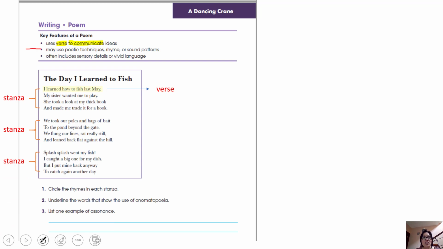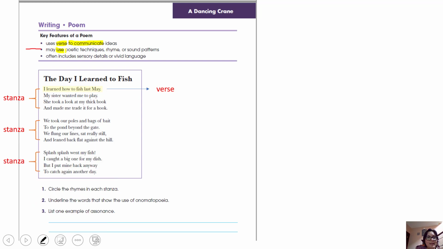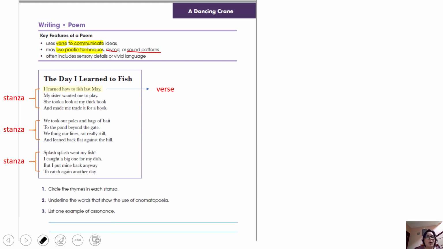It says, may use poetic techniques such as rhyme. So let's underline: may use poetic techniques such as rhyme or sound patterns. So we are going to find right now in the poem rhyme. But first, you have to remember what is a rhyme.